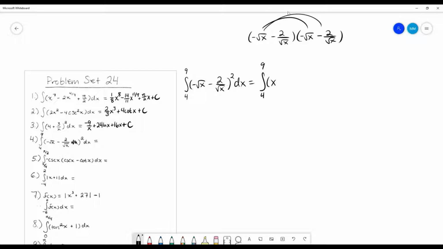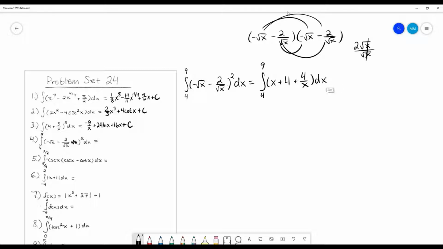Then that's going to be positive, and that's going to be 2 square roots of x over square roots of x, which cancels, so that's just 2. This is going to be the same thing, so it's a 2 plus a 2, which is a 4. And then it's these multiplied, so it's going to be positive 4 over x. Okay, and that's a lot easier to work with now, right?